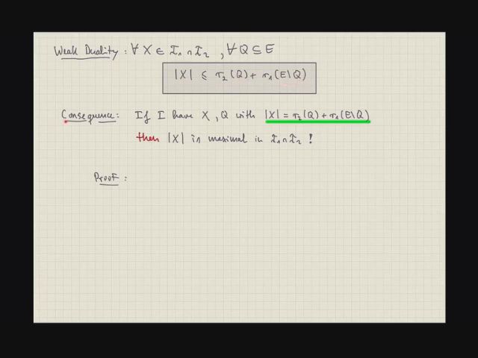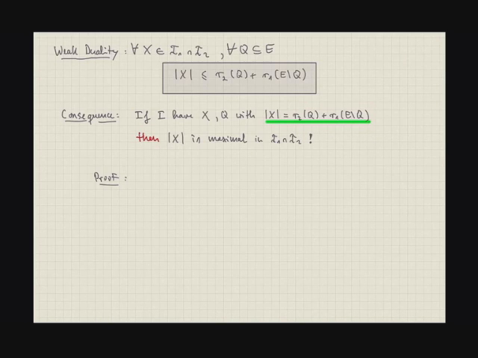So once again, the consequence is, if I happen to find an independent set X for both matroids and a subset of the elements Q such that I achieve equality, then X must be a maximal independent set for both matroids, because this right-hand side is an upper bound on the size of any independent set for both matroids, and I have achieved equality, so it must have been a maximum independent set.